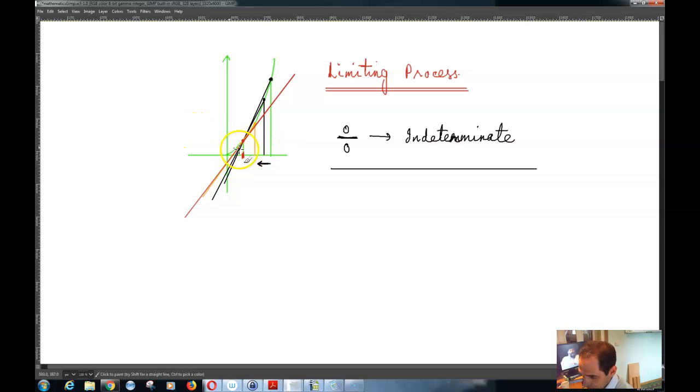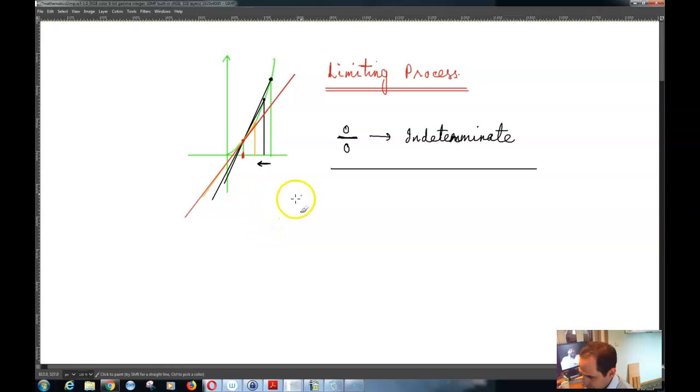Based on that, we will derive a couple of formulas using algebra for the limit. We will also work a little bit on the algebra of limits.